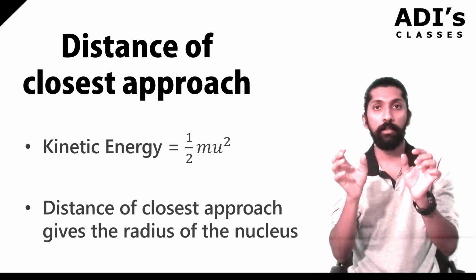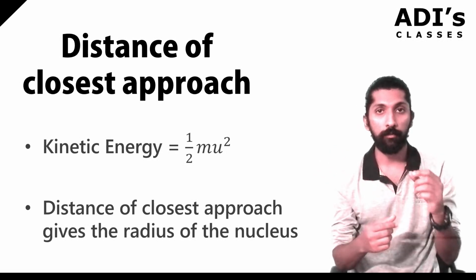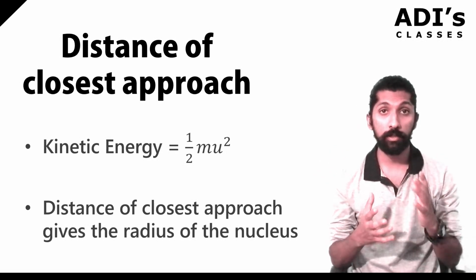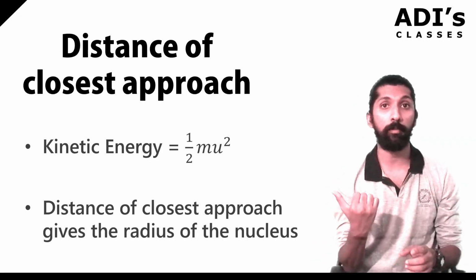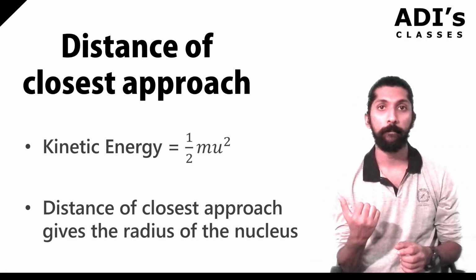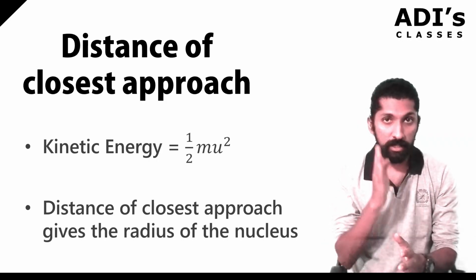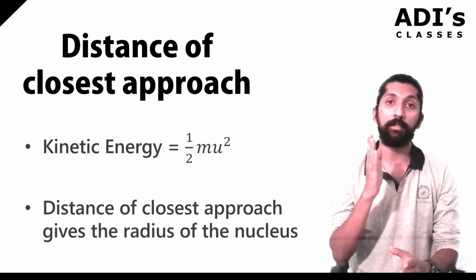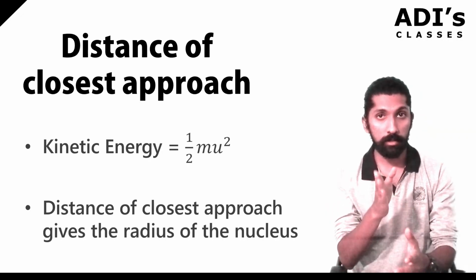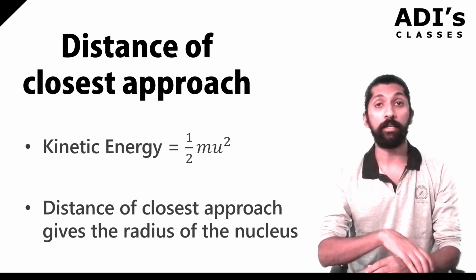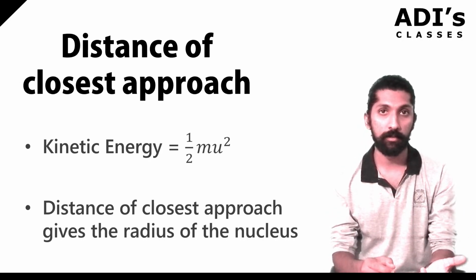Because when an alpha particle comes very close to the nucleus, the electrostatic force of repulsion becomes so much that it is forced to return back, right? This parameter is called the distance of closest approach, and this distance of closest approach will give you the radius of the nucleus, how big the nucleus is.